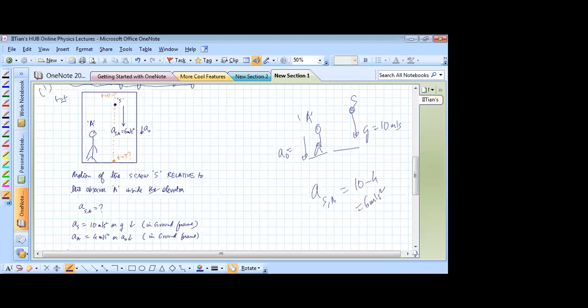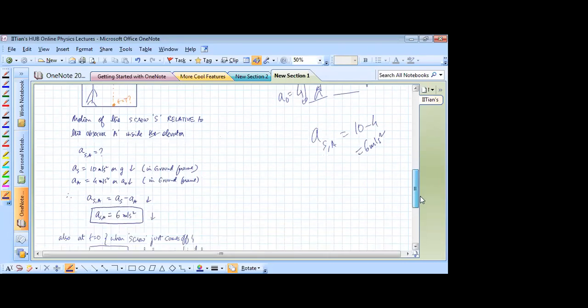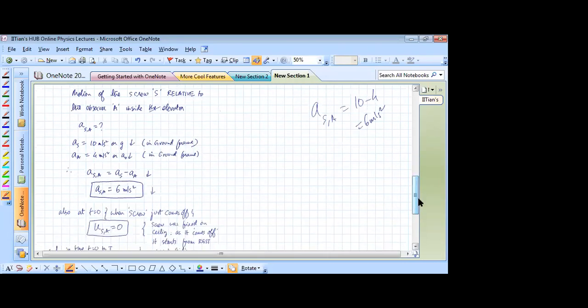Six meters. So this is the calculation that we've done over here.